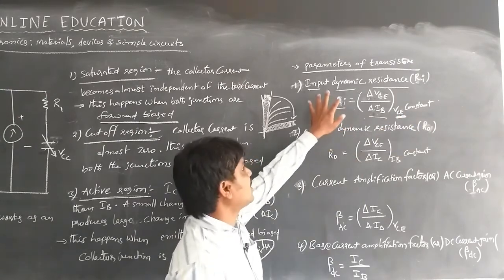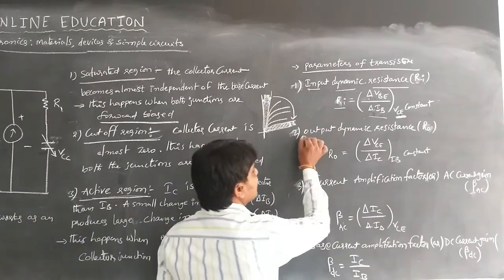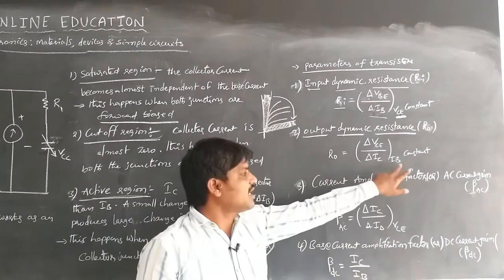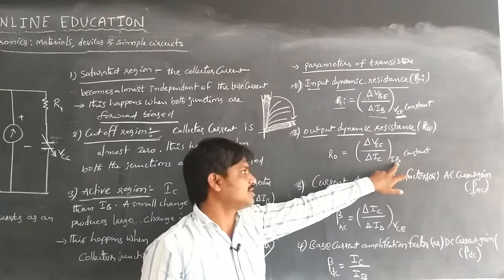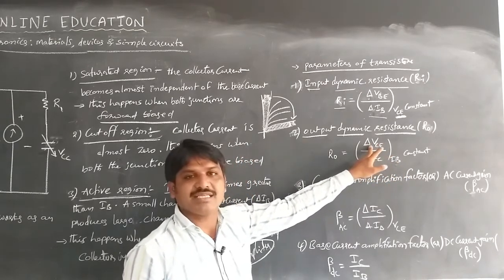This is about input dynamic resistance, one of the parameters of a transistor. Another one is output dynamic resistance. It is similar, but here we keep the base current constant.